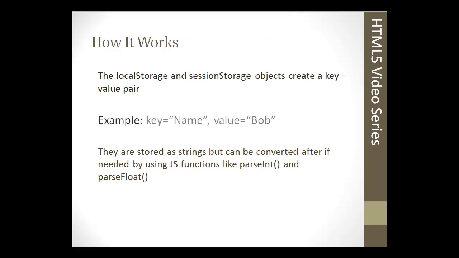So how does this work? With both local storage and session storage objects, they create a key value pair. So we can set the pair and then retrieve it when needed. An example would be, we could have a key of name and then a value of Bob. So they can come back and we can have a welcome Bob message or something like that.